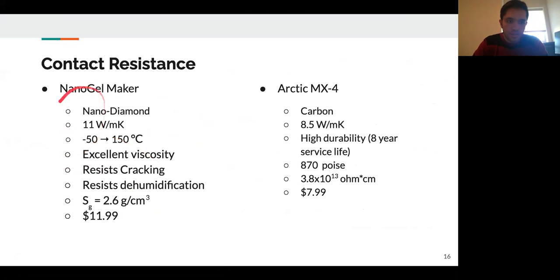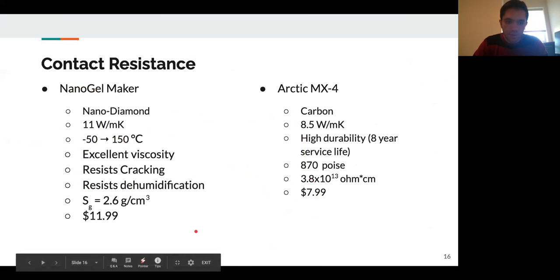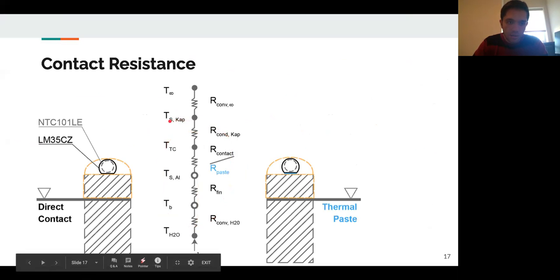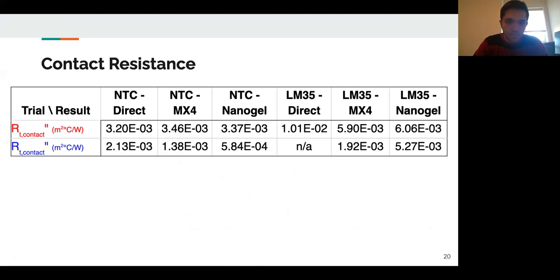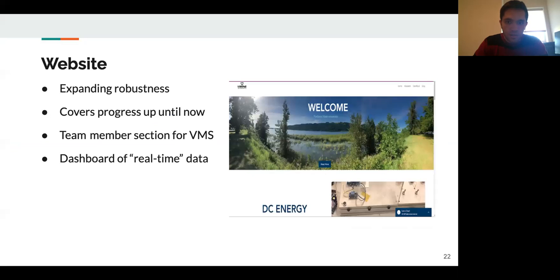Here we've introduced another system to compare between thermal pastes. This was a breakdown of the system, or at least a theoretical breakdown of the circuit for the thermal resistance and the results from it.